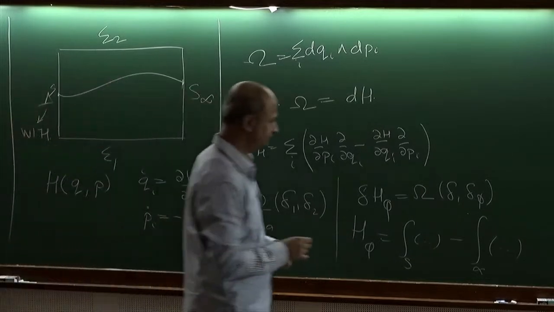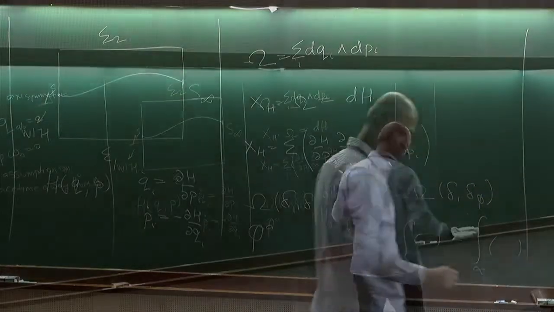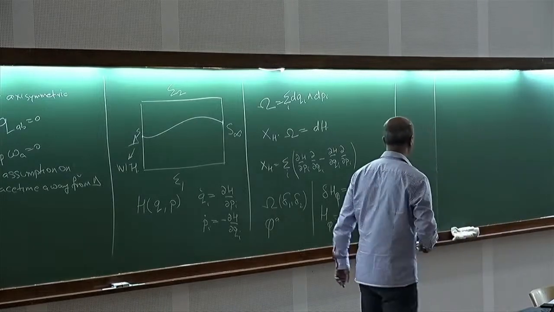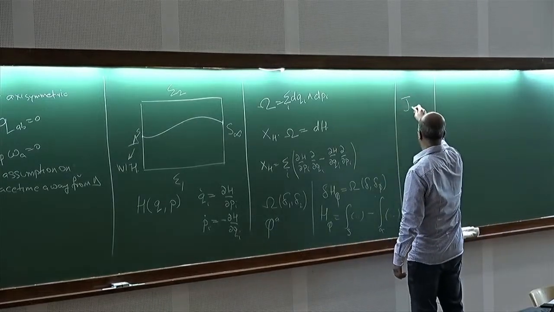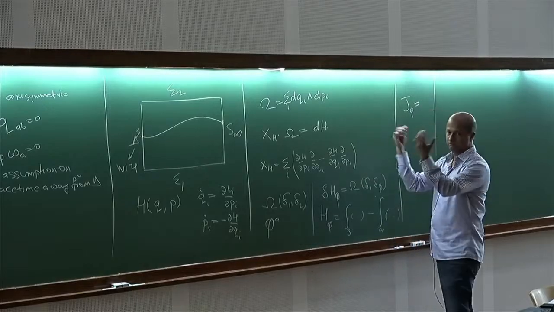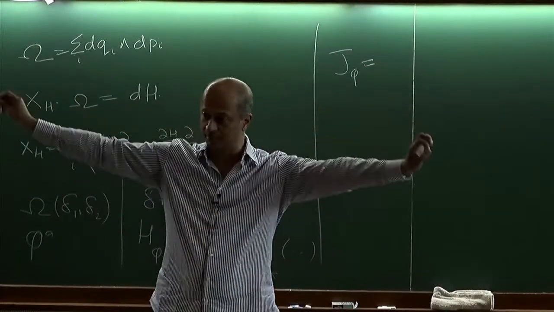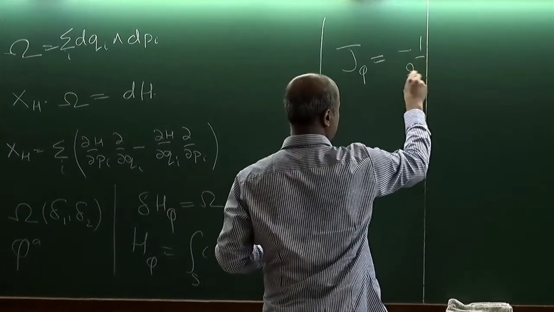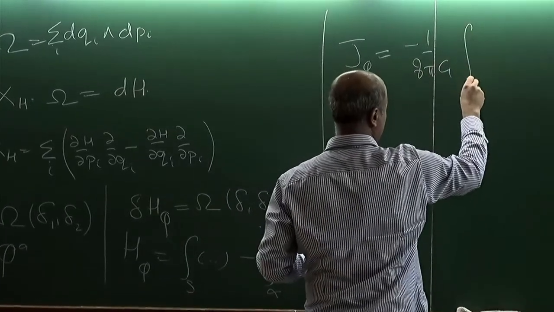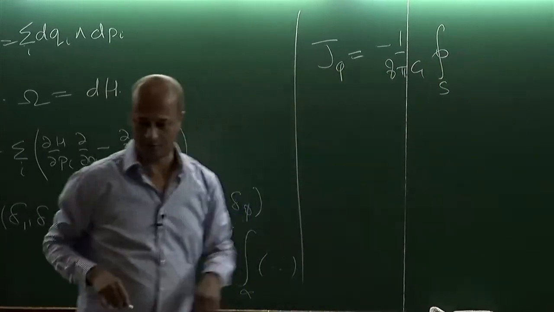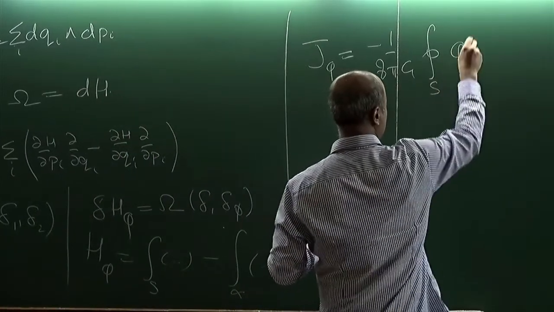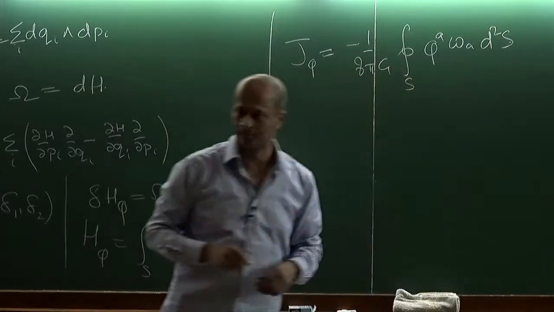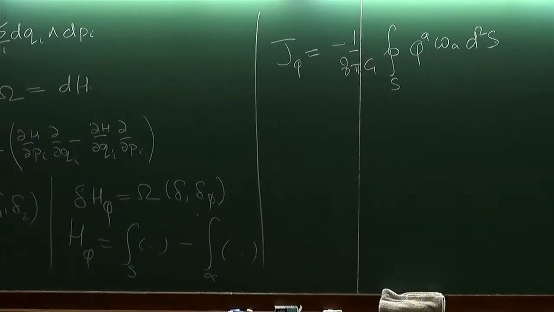And the result of the calculation is the following. The angular momentum of the horizon corresponding to this phi, that is the symmetry vector field on the horizon, with nothing assumed in the bulk, just at the horizon, is 1 upon 8 pi, putting in Newton's constant, over any cross section of the horizon, of this.